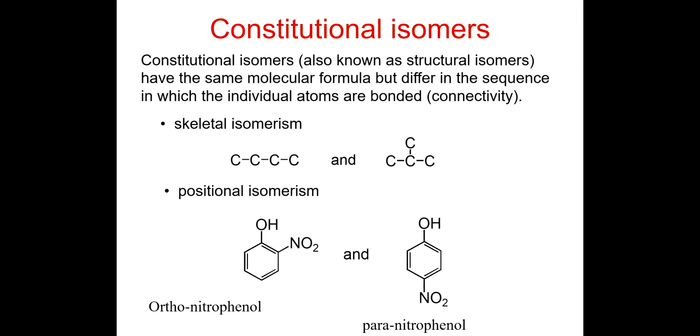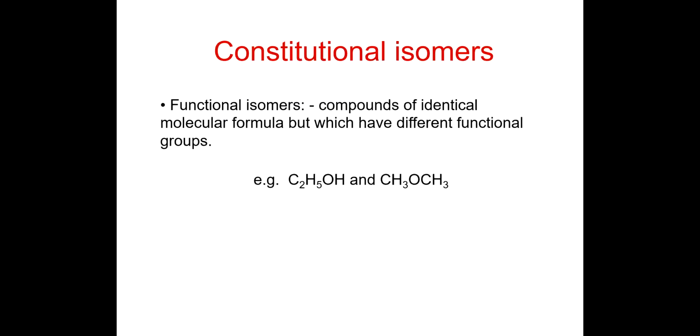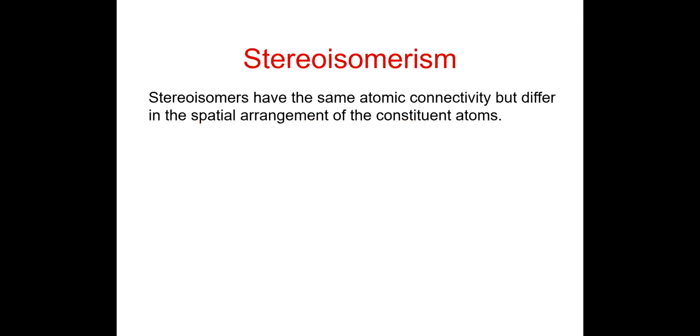And constitutional isomers also have 3 types. The first is skeletal isomer, the second is positional isomer, and the third is functional isomer.